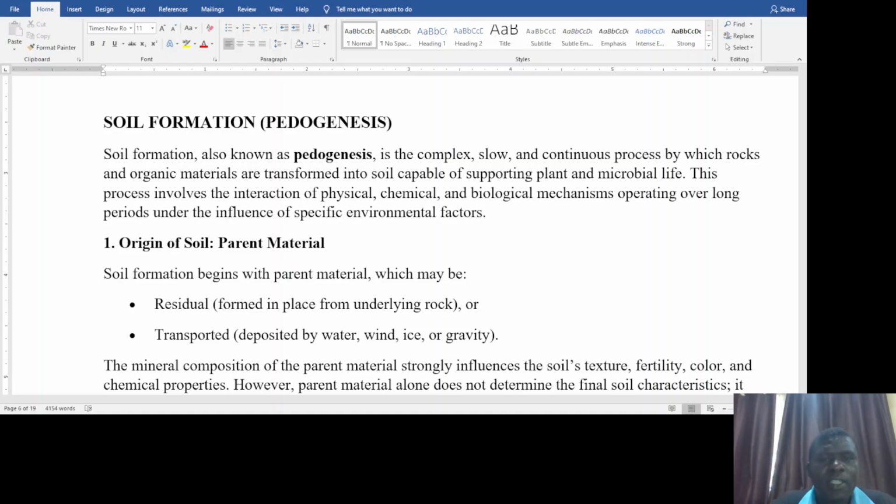Any soil, just like any organism, comes from parents, comes from parent material, and this parent material might be residual, which is formed by underlying rock material, or it could be transported or deposited by agents such as water, wind, ice, or glacier, or it falls by gravity from a higher ground to a lower ground.